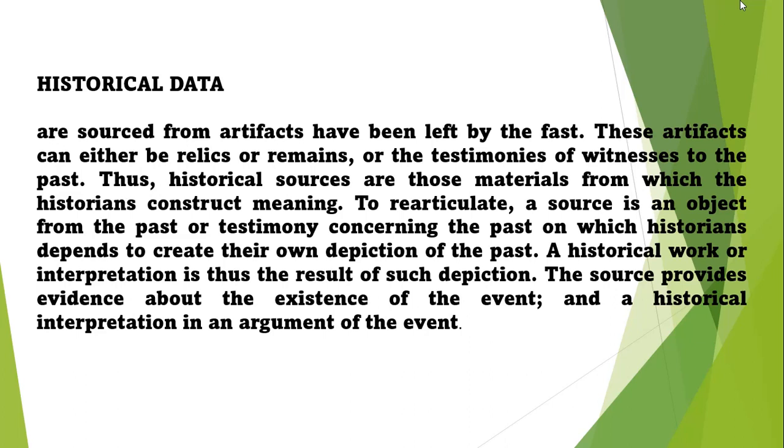Thus, historical sources are those materials from which the historians construct meaning. This only means that history is being written based on the artifacts which have been left, which are remains and testimonies and witnesses of the past. So, they re-articulate it and this becomes a source.